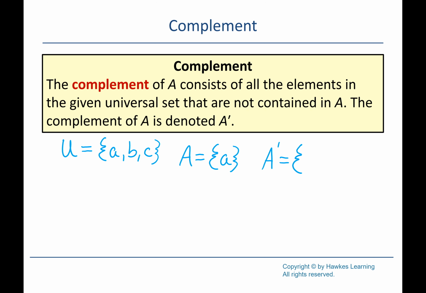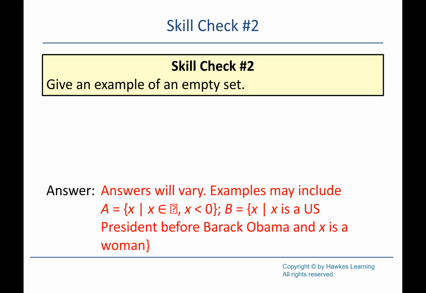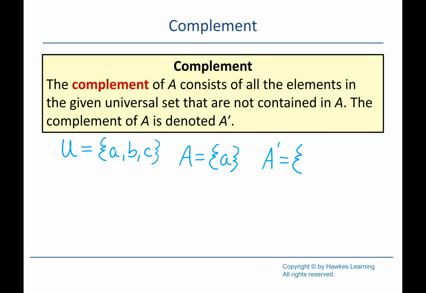It's going to have everything that's not in here. So in here would be B and C, B and C.